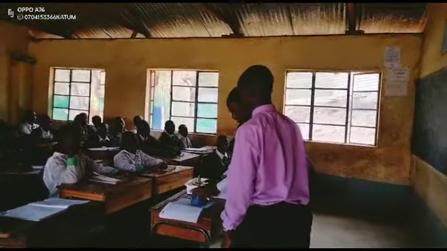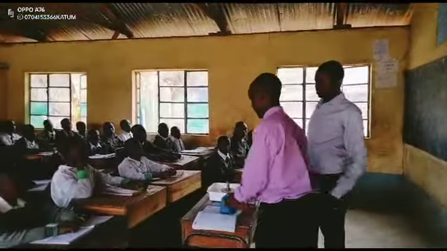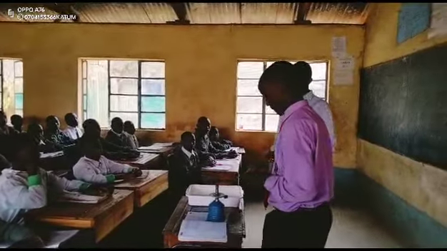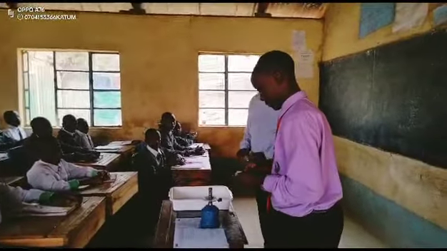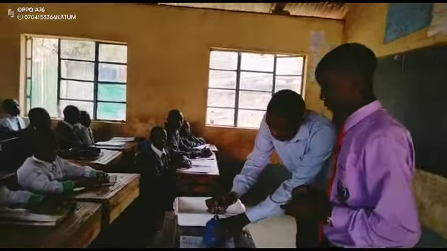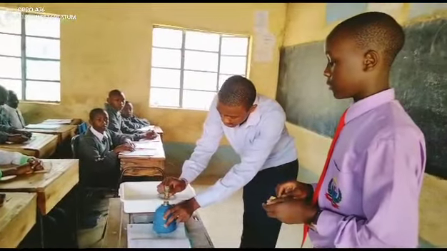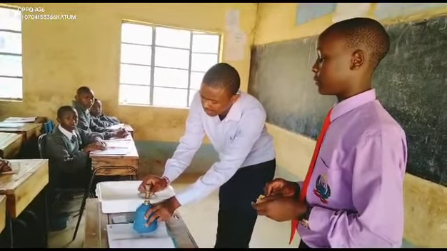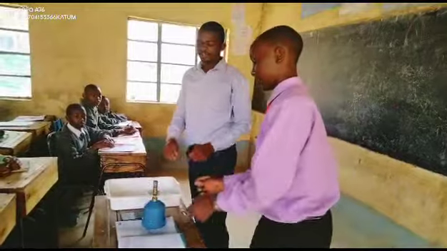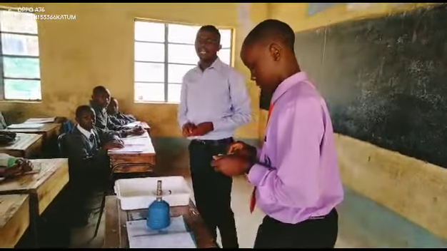So we use the matchbox so that it can light. Initially, we want to see how the Bunsen burner produces the non-luminous flame first.